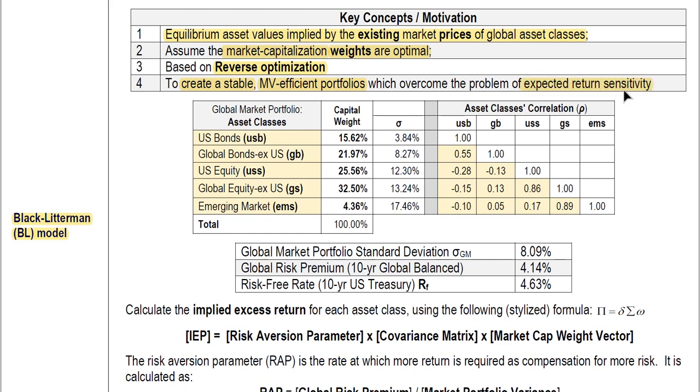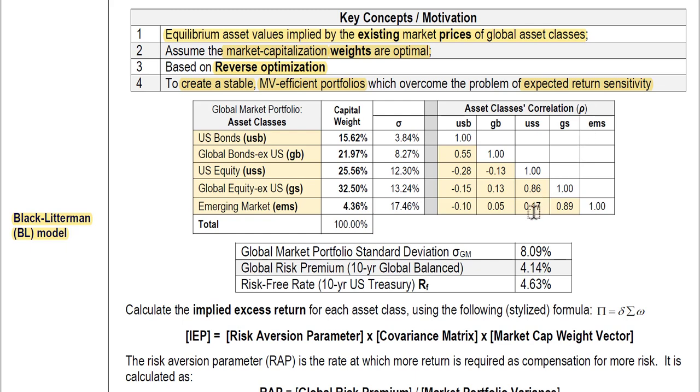Now we previously discussed that this is a major problem for the corner portfolio or two-fund separation approach, that the return estimation is so sensitive to the input parameters. So what we are going to do here is use the Black-Litterman model to resolve this problem. In other words, we're not going to estimate the expected return based on historical return data.